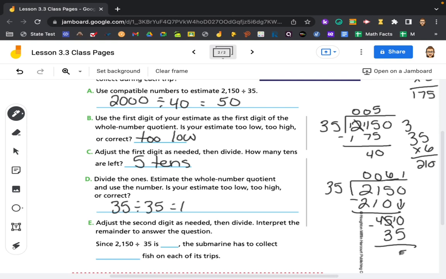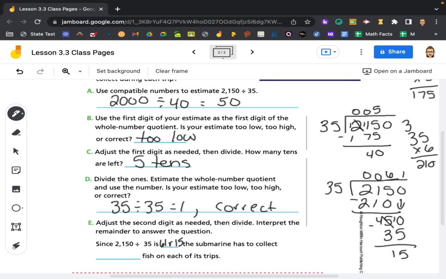So it is correct. It's not too low, it's not too high. So we have 61, remainder 15.